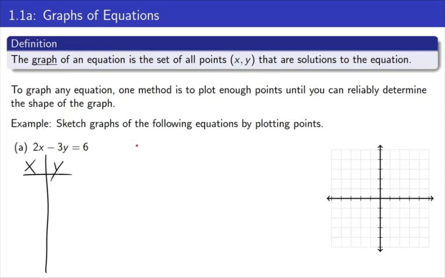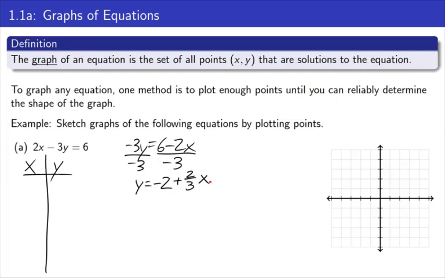So I'll subtract 2x from both sides first, and I get negative 3y equals 6 minus 2x, and then I'll divide by negative 3, and splitting that up I get y equals 6 divided by negative 3 is negative 2. Negative 2x divided by negative 3 just gives me a positive 2/3 x.